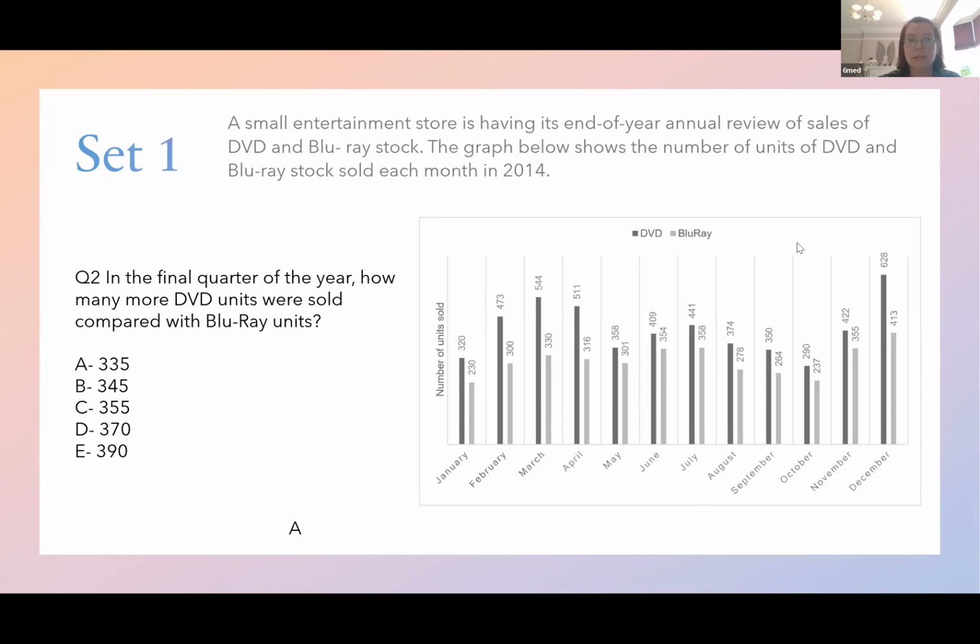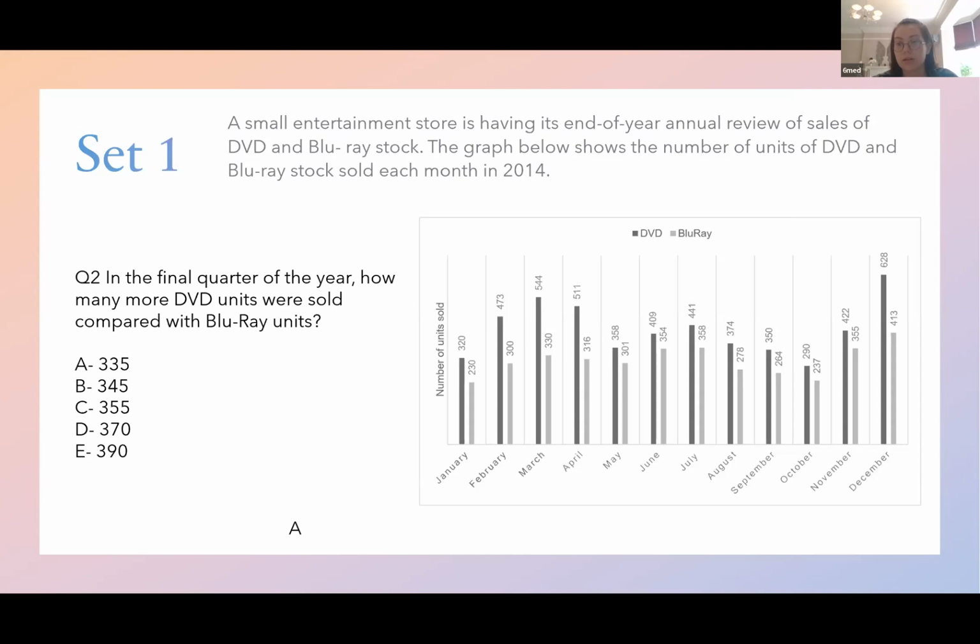So in this question, you're asked in the final quarter of the year how many more DVD units were sold compared with Blu-ray units. So looking at the last quarter of the year, so the last 3 months, and you're trying to figure out the difference between the DVD and Blu-ray units. So not the total, but the difference between the two.